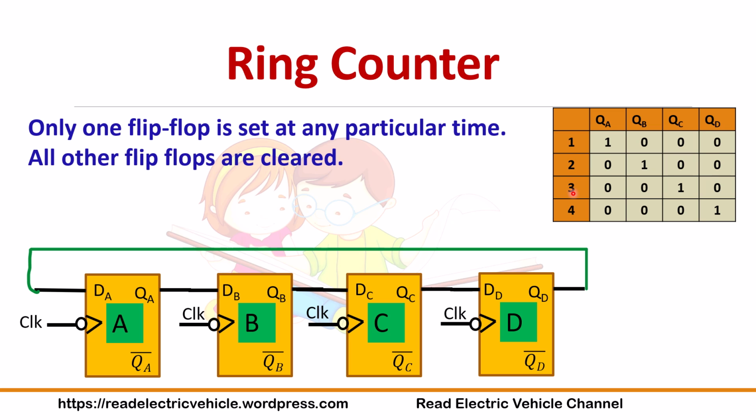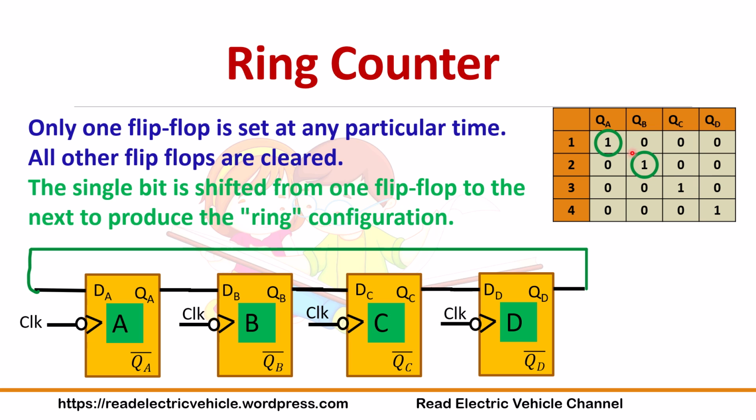For the third state, C flip-flop is 1 and the remaining are 0. For the fourth state, QD is 1 and the remaining are 0. And the same sequence repeats again. So you can see that this one bit is shifted through the flip-flops in a circular fashion, or you can say in a ring fashion. So we call it a ring counter.